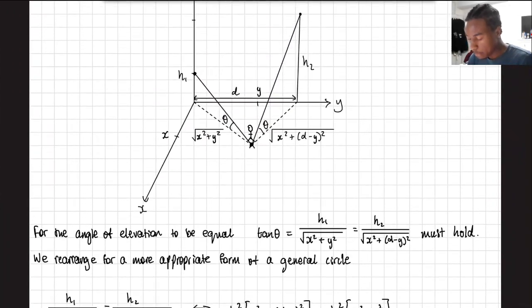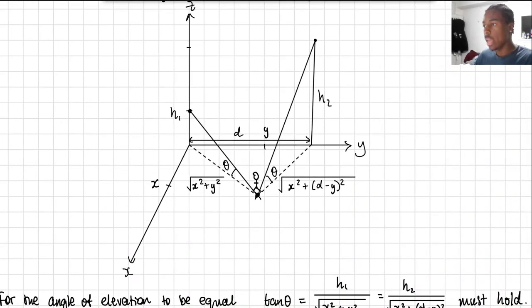So now in order for this angle and this angle to be the exact same, now remember, these 2 flagpoles are a distance d apart.